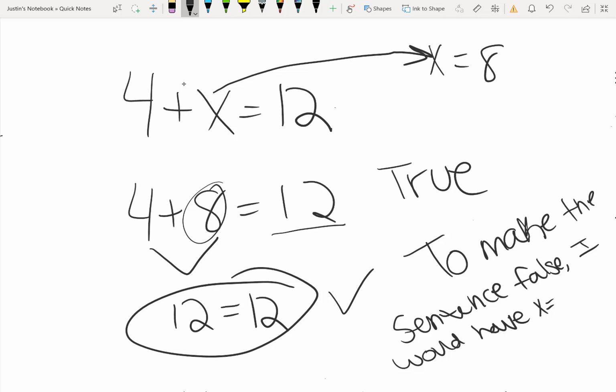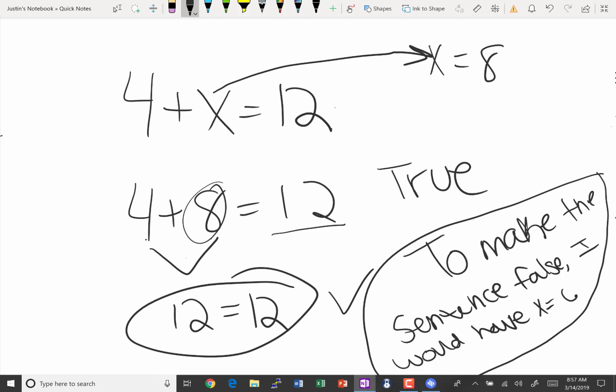So we'll say 6, or you could put 9, or you could put 7. Doesn't matter. You could put 100. They'll make it false, because if I plugged 6 in for x, well, 6 plus 4 equals 10, and 10 is not equal to 12. So that's all you have to do right here. To make the sentence false, I would have x equal, and just put any number but 8.